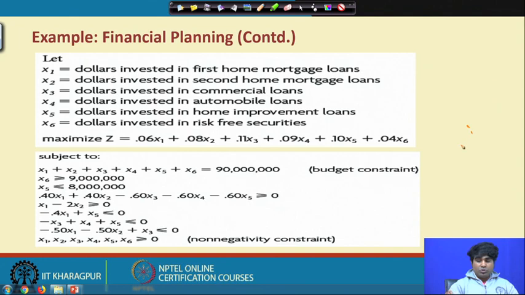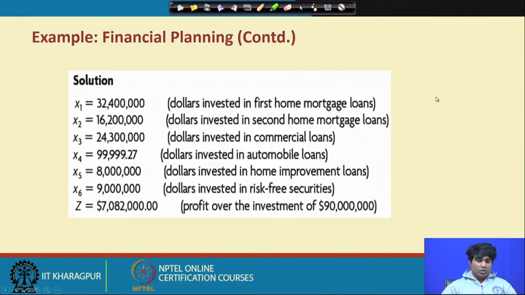Now corresponding to this particular situation, the solution will be like this, and the solution is again a unique situation where all the values of the decision variables are effective, and the value of the optimum function is also reached.